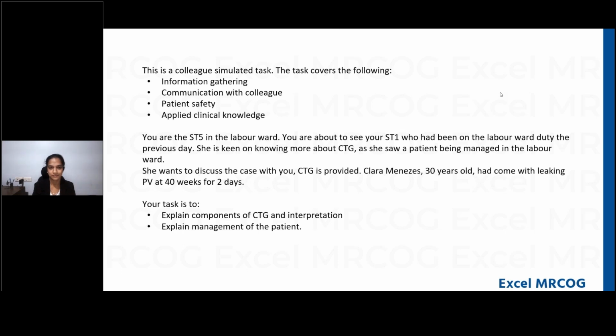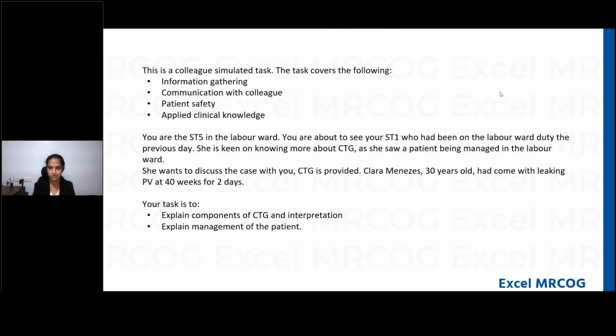At the end I can provide you with some information material. At any point, Ankita, if you are not clear, you can tell me.